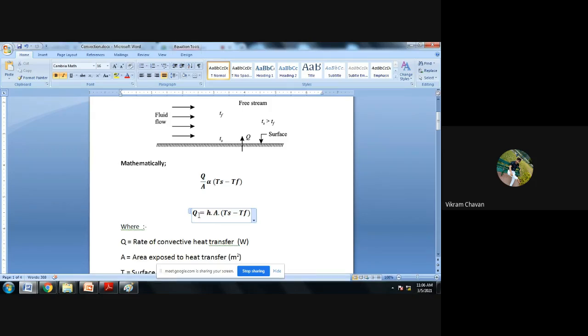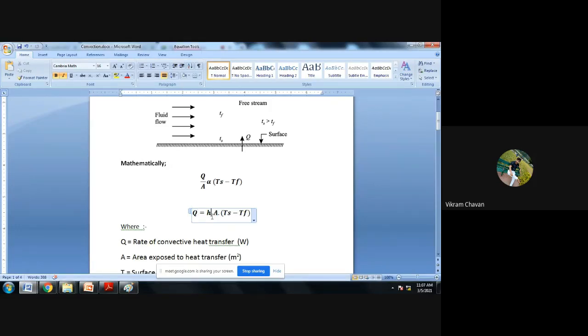So heat transfer rate by convection is equal to H multiplied by A multiplied by the bracket T suffix S minus T suffix F, where H is the constant of proportionality called the convective heat transfer coefficient.